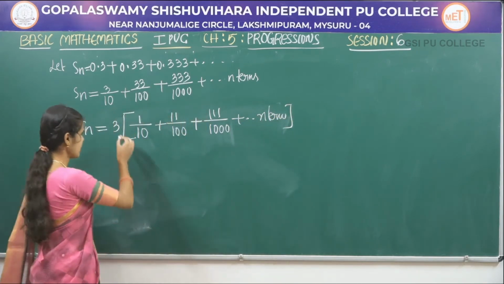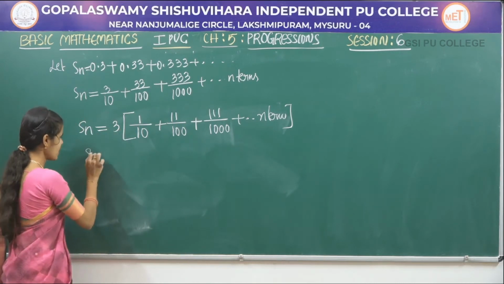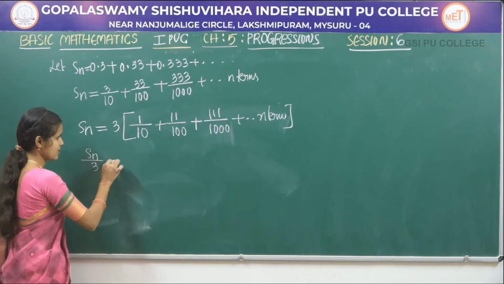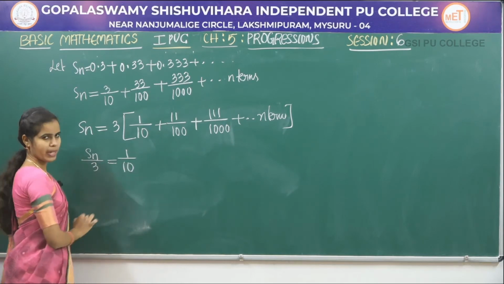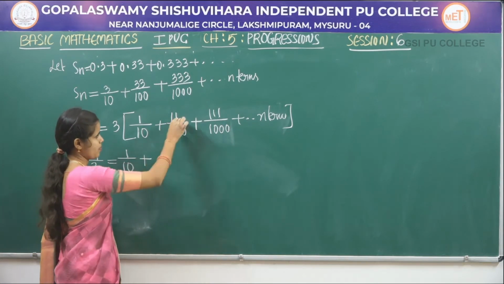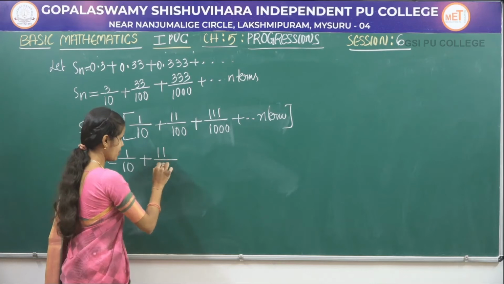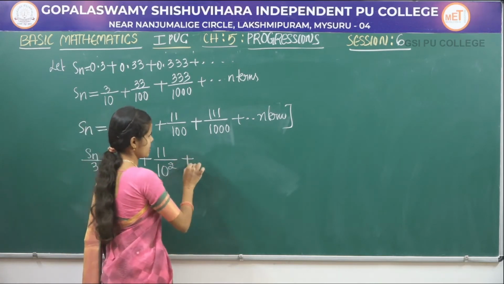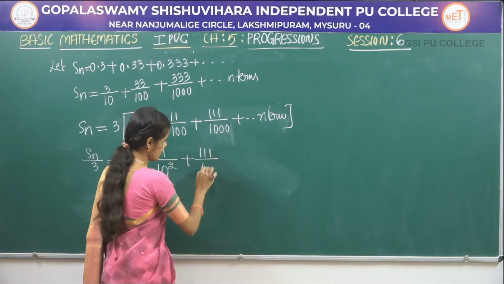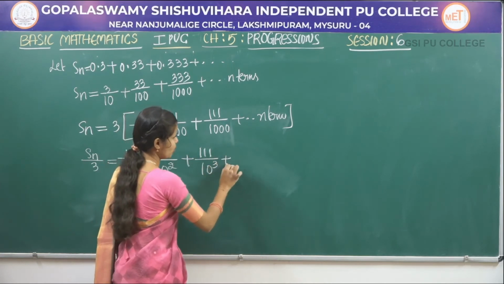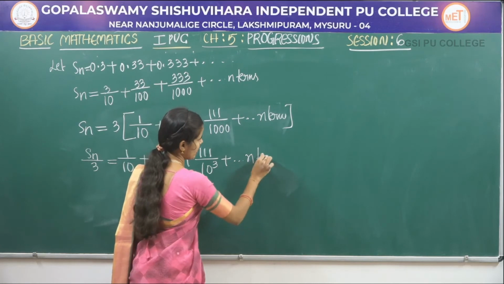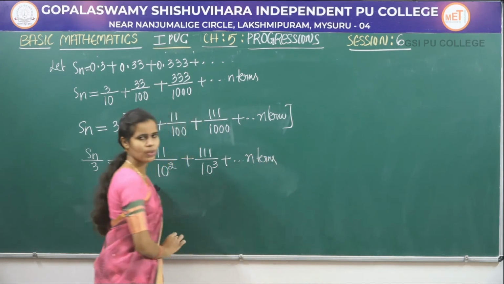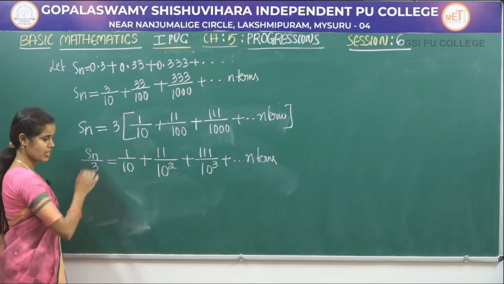Okay. So next, taking 3 to the left side, Sn divided by 3 is equal to 1 by 10 plus 11 divided by 100, where 100 can be written as 10 square, plus 111 divided by 1000, which can be written as 10 cube, up to n terms. Next multiply the whole equation by 9.